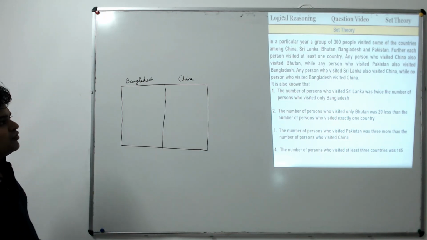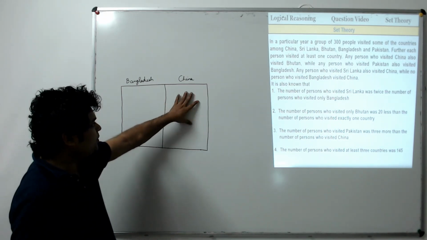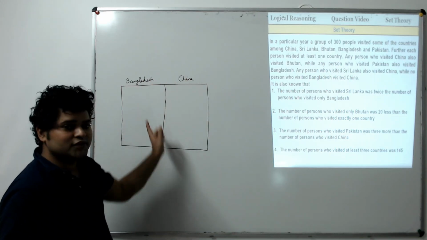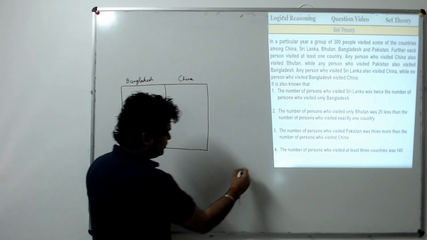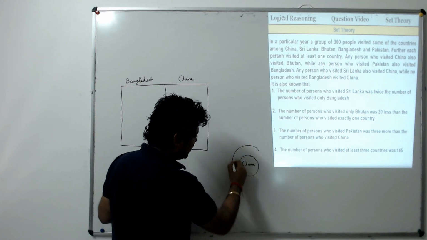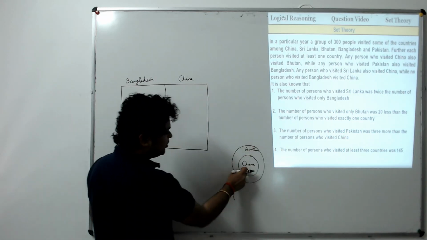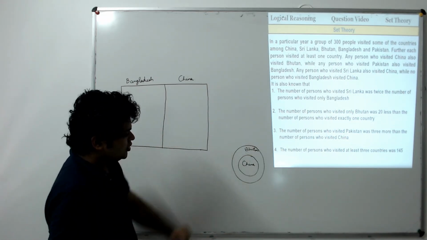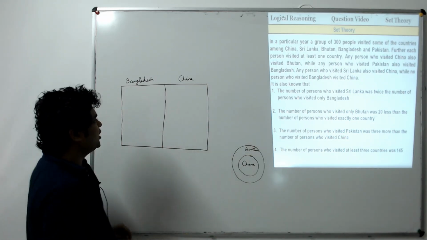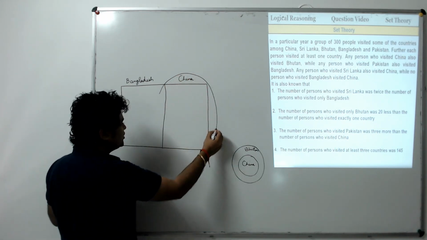Now let's go back to the starting, that is the second sentence. Any person who visited China also visited Bhutan. That means all the people who visited China also visited Bhutan. So if this is China, Bhutan has to cover China, right? So bringing Bhutan into the picture, we can draw a diagram like this.